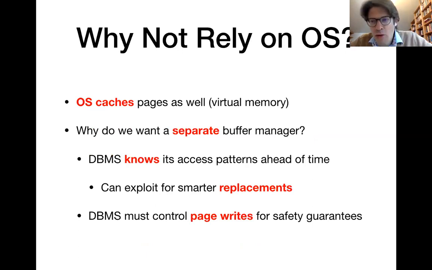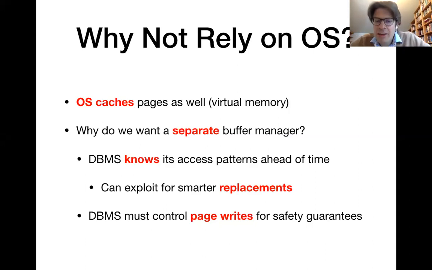At this point, you might be wondering whether we couldn't use functionality offered by the operating system. If you have ever taken an operating systems course, then you will probably have talked a lot about caching. So there's some functionality in the operating system that does something a little bit similar. So the question is, why do we need a specialized component for the database management system?